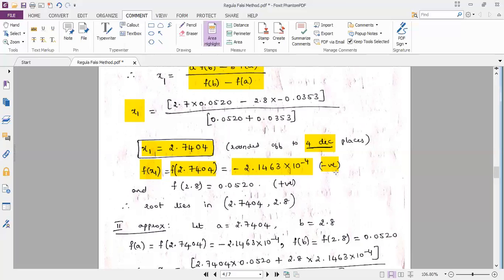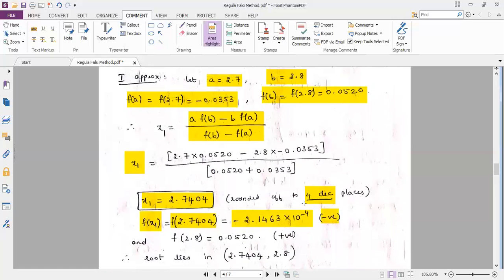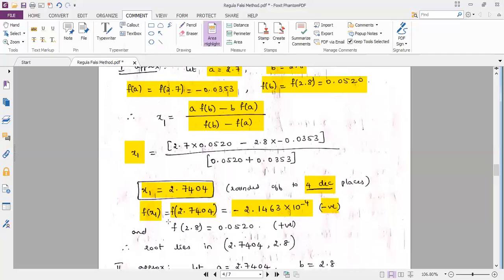So we will grab a positive value along with this so that the root lies in that positive-negative combination of values A, B. We observe F of 2.8 is 0.0520, a positive value. So we grab that F of 2.8 and conclude that the root lies in 2.7404, 2.8.